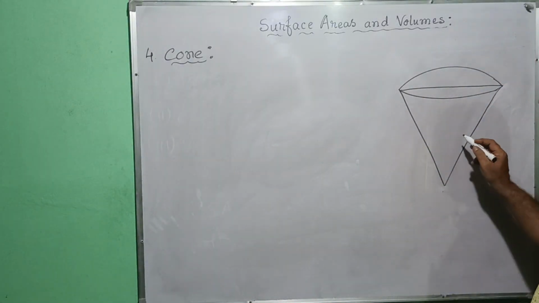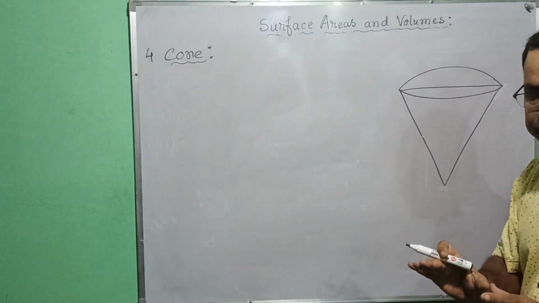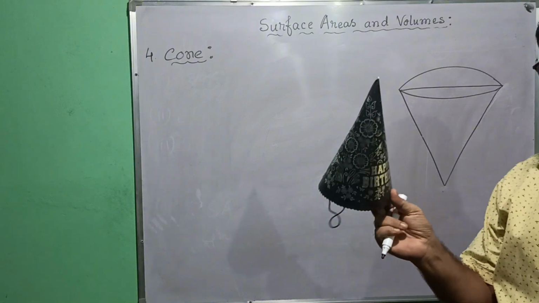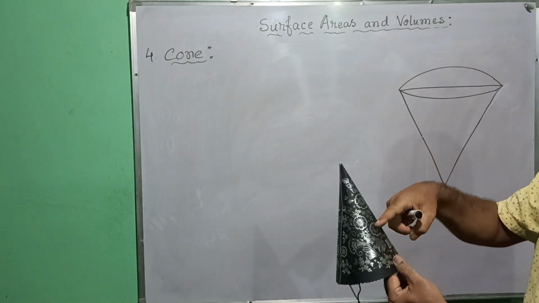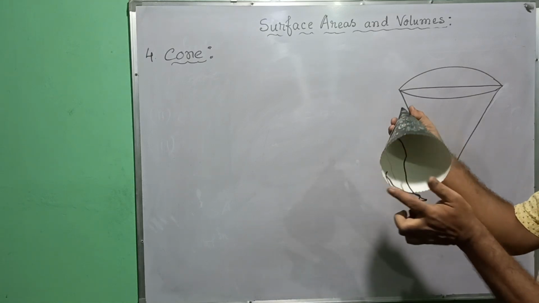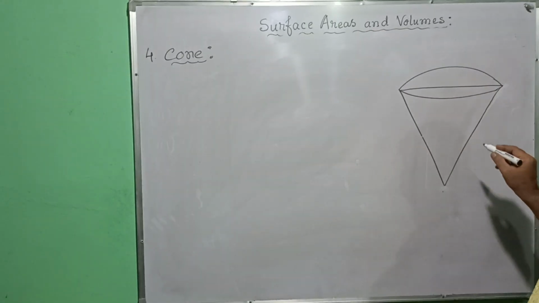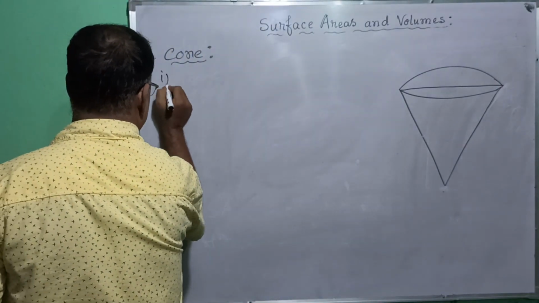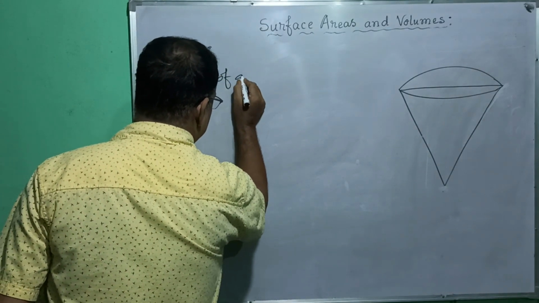Now in a cone, you can see one flat surface is there, and the other face is curved. I am showing you one figure. This is the shape of a cone. Here one curved surface is there, and that surface is flat. That one is the flat surface. So this is the actual shape of a cone. Now first of all, we'll write number 1, total surface area of a cone.